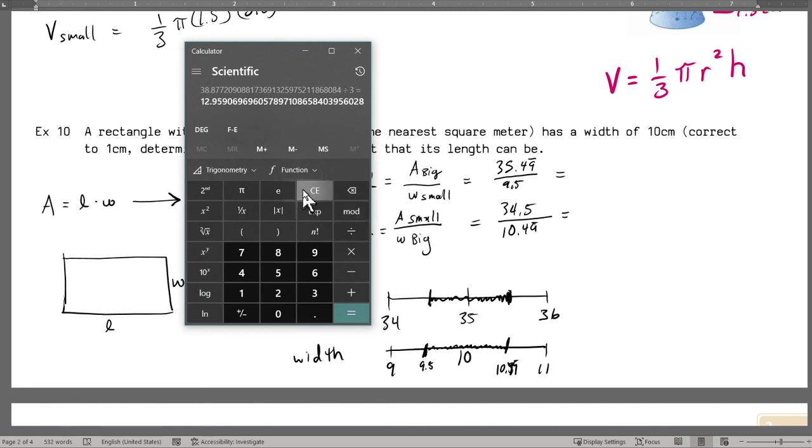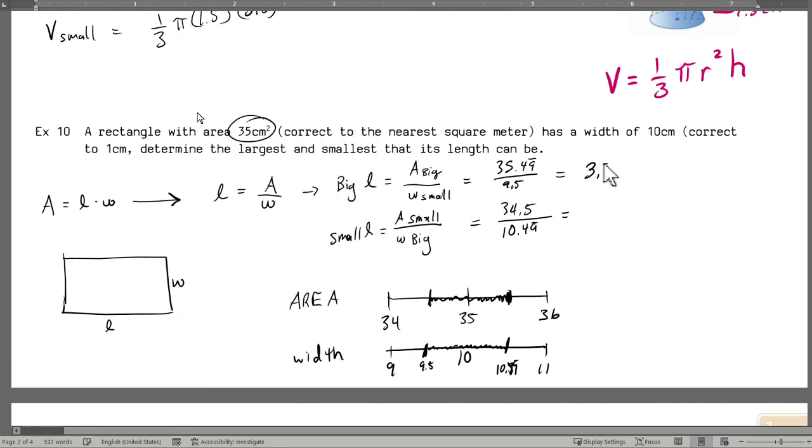35.49 repeating, I'm just going to write 35.5, divided by 9.5. I get 3.736 centimeters.